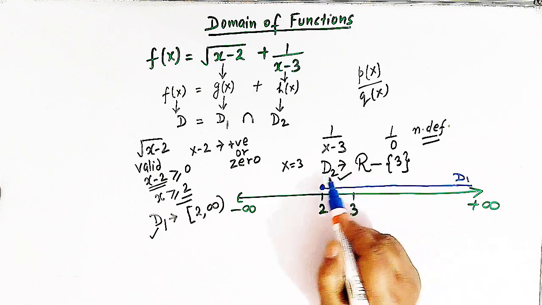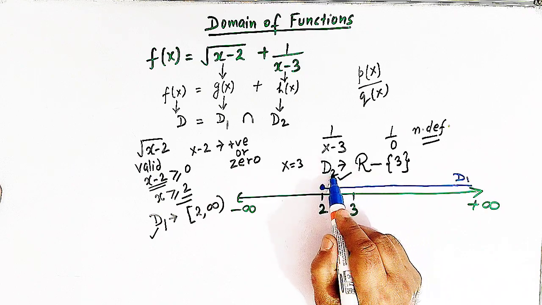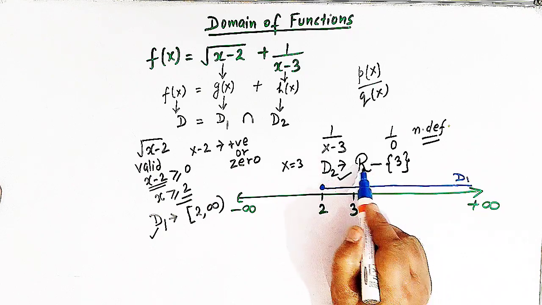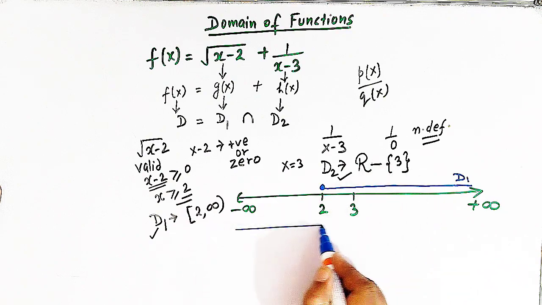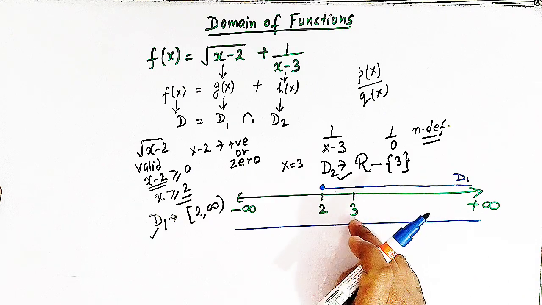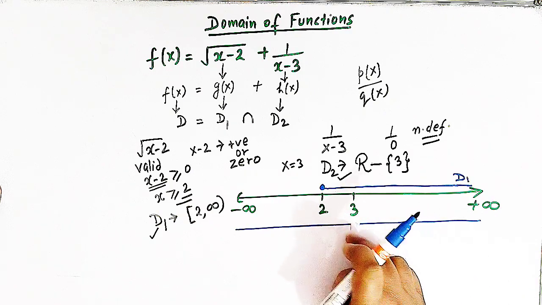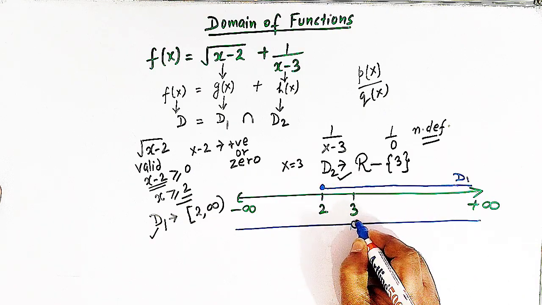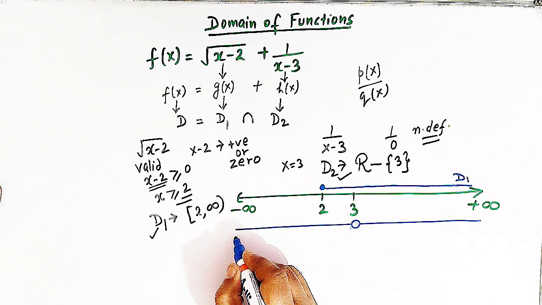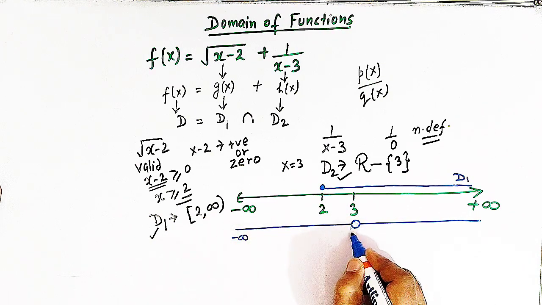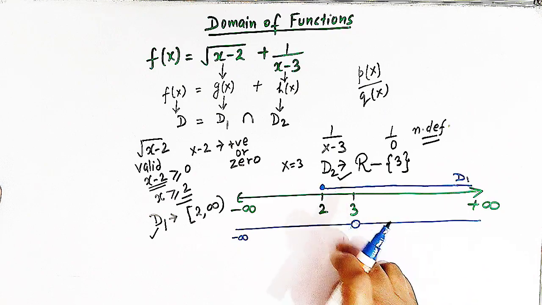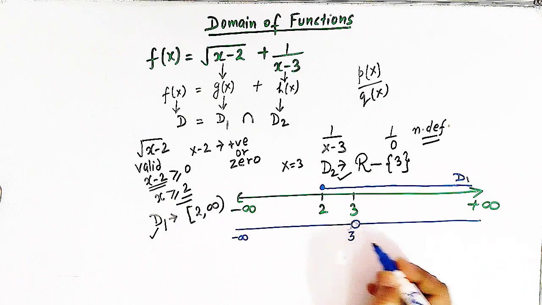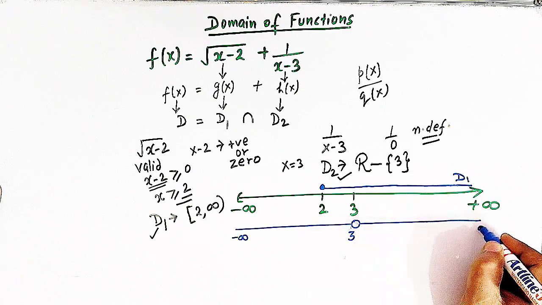Now let us represent the domain d2. d2 is R minus 3, so we have the entire real number line except that we will not include 3. We go from minus infinity to 3, and then from 3 to infinity.